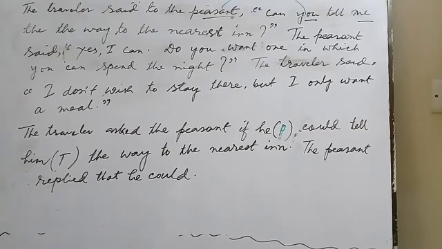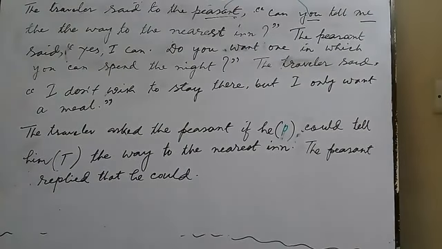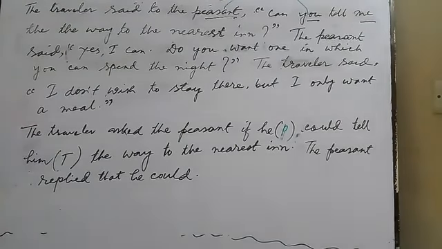Okay. Now, do you want one in which you can spend the night? That is, the peasant is asking the traveler whether he wanted to spend the night. So, very easy.